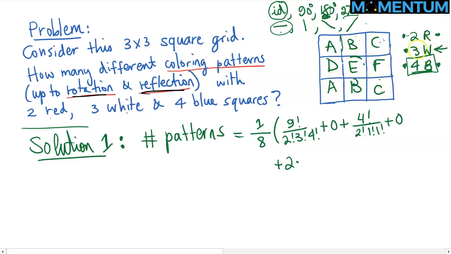So with the 3 whites, either the second row is all white, or in the second row I have a single white. Does that make sense? So those 2 subcases, let me open a parenthesis here. The times 2 is for the horizontal versus vertical reflection, I should say. It's symmetric, so it's 2 times.